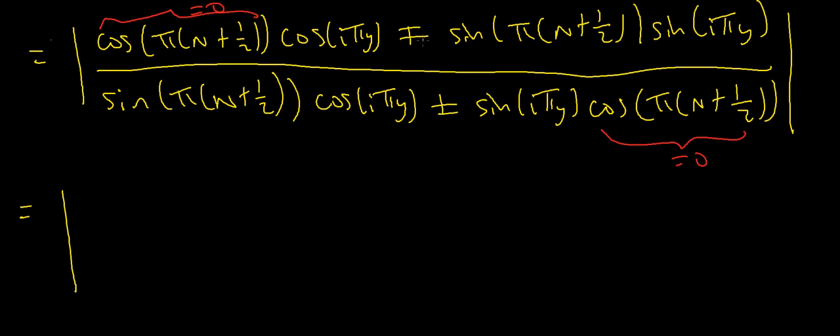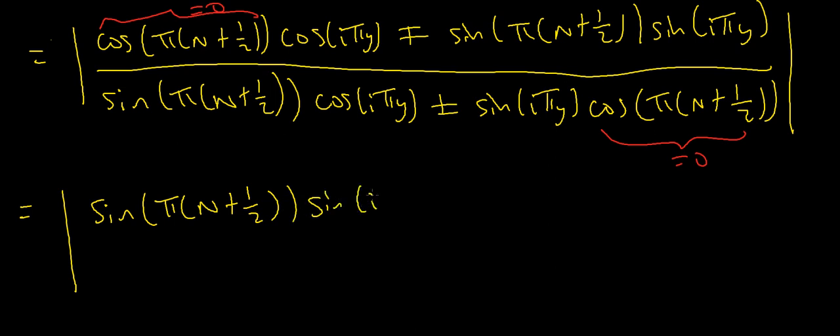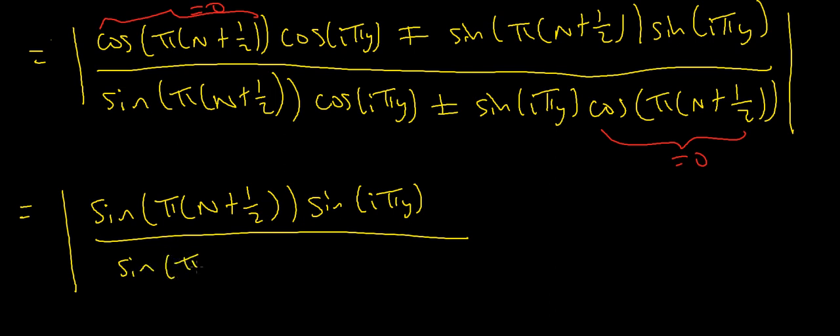Modulus of this minus plus sign, but the modulus of plus or minus 1, or minus plus 1, is always 1, so that's just going to be sine of (pi n plus a half) times sine of i pi y, all divided by sine of (pi n plus a half) times cosine of i pi y, in modulus.